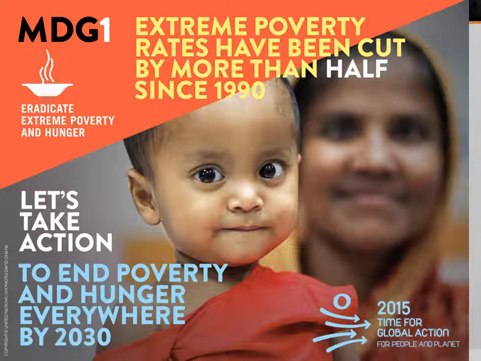And so in 2015, the United Nations Development Program and member states sat down and developed a new set of goals called the Sustainable Development Goals, which started in 2015 and are set to be accomplished by 2030. And that's what you see in the bottom left there in that blue font, to end poverty and hunger everywhere by 2030.